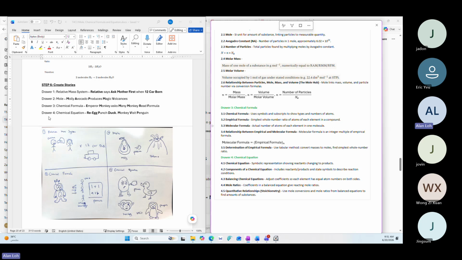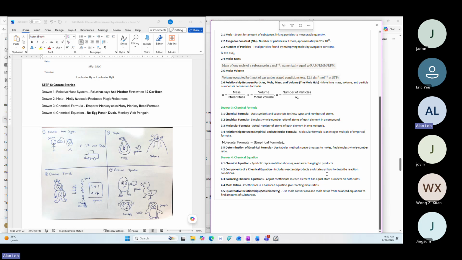Now, drawer 4, chemical equation. Re-egg, punch duck, monkey visit penguin. React is reaction, right? For an equation, there is always a reaction. Then punch duck, punch is the product.